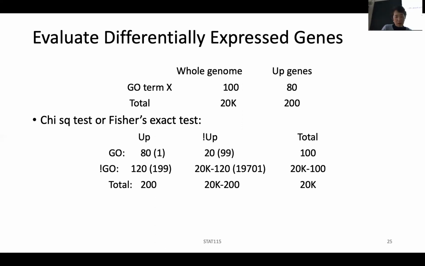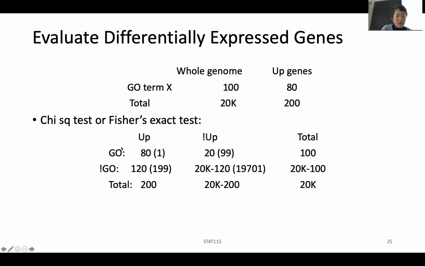For that, it's a goodness of fit test, and we use either a chi-square test or Fisher's exact test. For example, in the whole genome, we have 20,000 genes, and in this experiment, 200 genes are upregulated. The remaining genes are not upregulated.